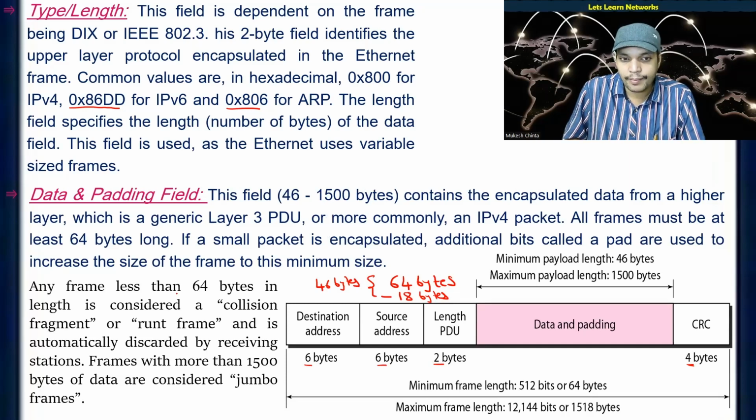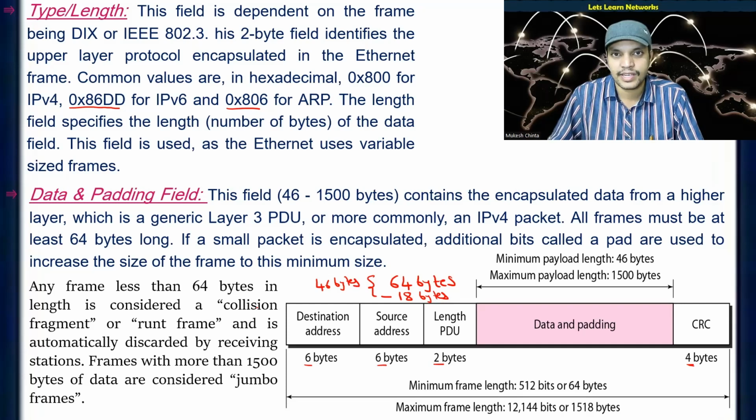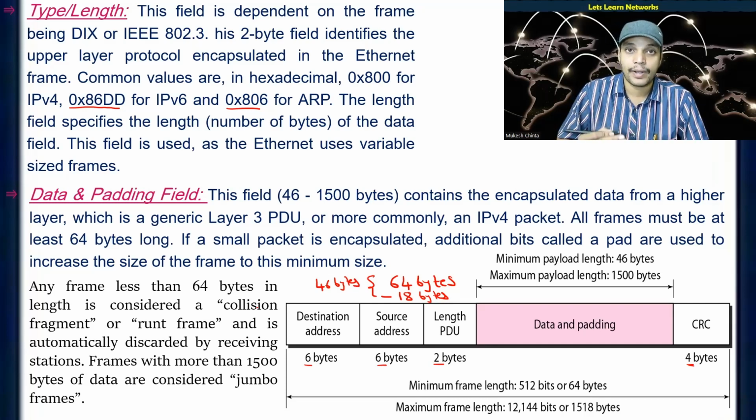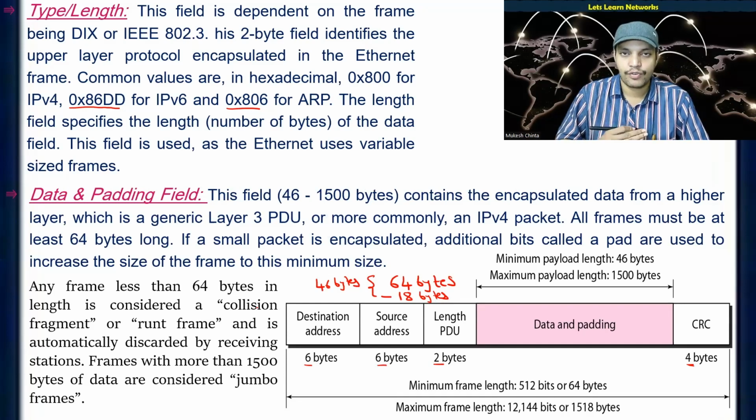Now, any frame less than 64 bytes in length is considered a collision fragment. You know that in CSMA/CD, which we discussed earlier, if a station detects a collision, it will abruptly end the transmission. It will not transmit the whole frame because anyhow it has collided and has to be retransmitted, so what is the purpose of transmitting it? Once a station detects the collision, it will abruptly end its transmission.